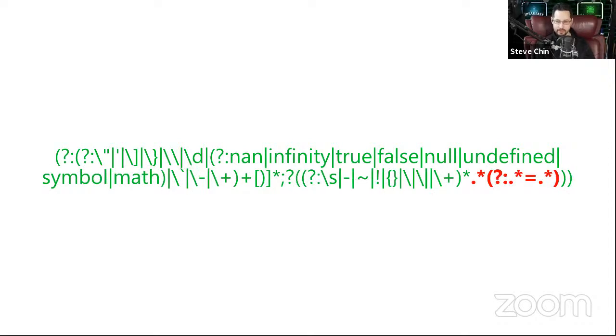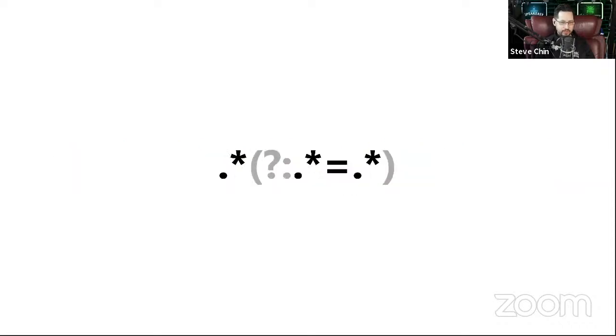It's actually this ending part of the regular expression, and if you look at it, it has two dot stars and equals and another dot star. You can essentially ignore the capture group, the open paren question mark colon, and if you take away the capture group, you can see that this breaks down to just a wildcard equals wildcard.